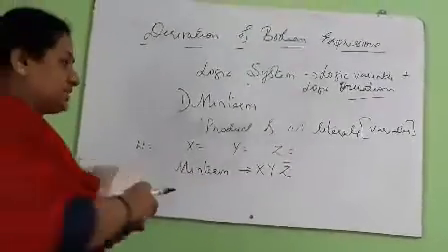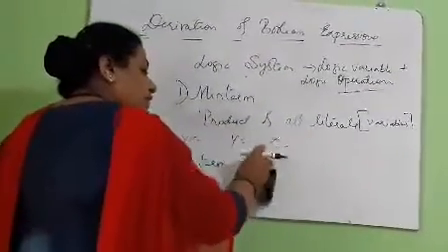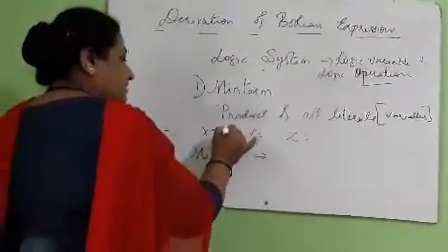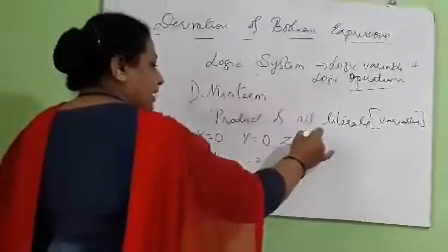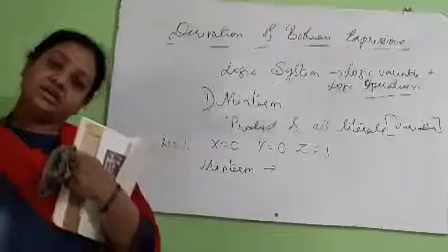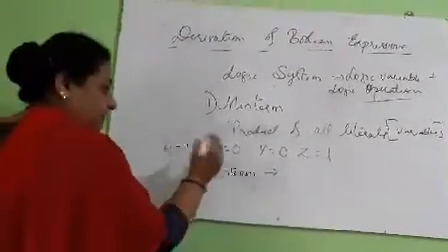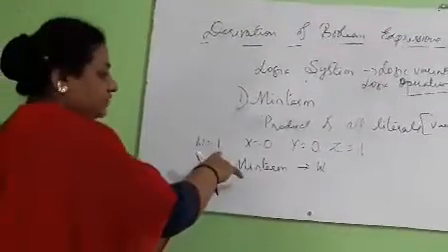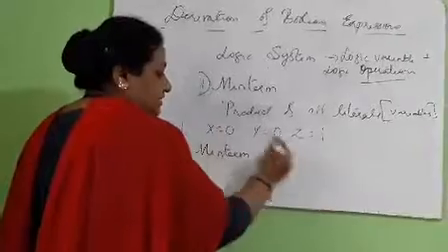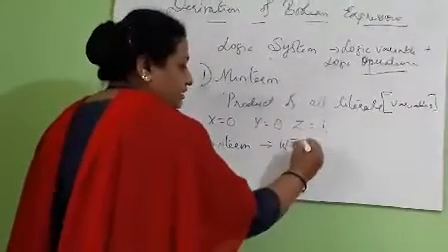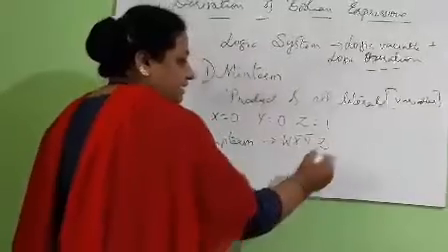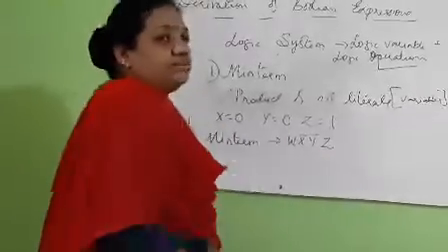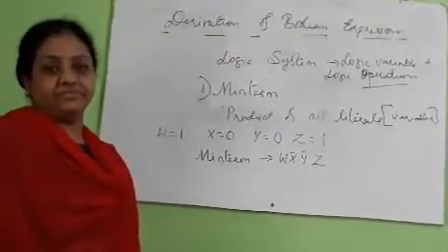Now let us write a minterm expression for these values: w is equal to 1, x is equal to 0, y is equal to 0 and z is equal to 1. If a variable is 1, we write the variable. So it will be w, then x is 0, so x bar, y is 0, so y bar, and z. So this is how a minterm expression is derived.